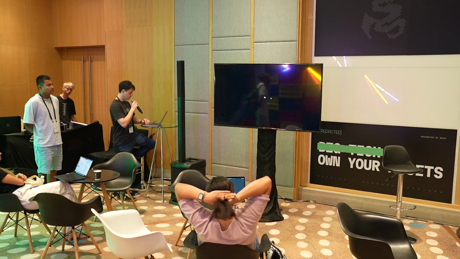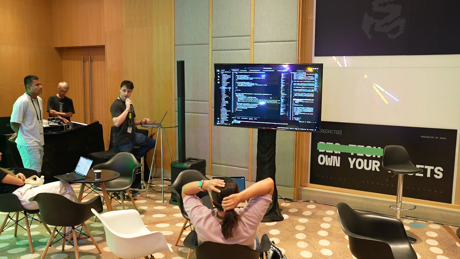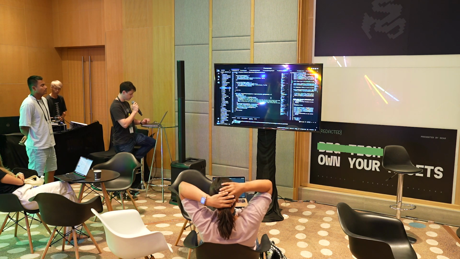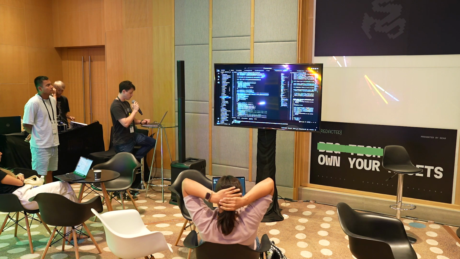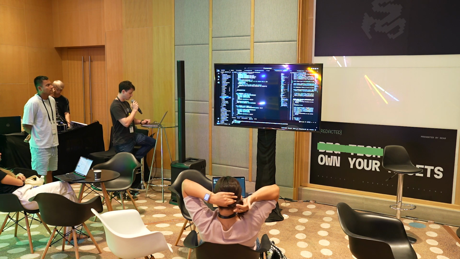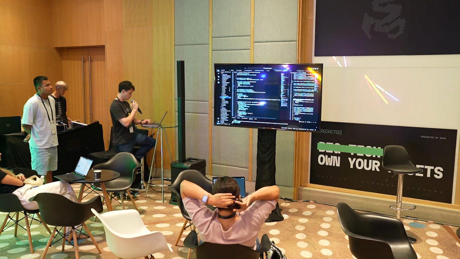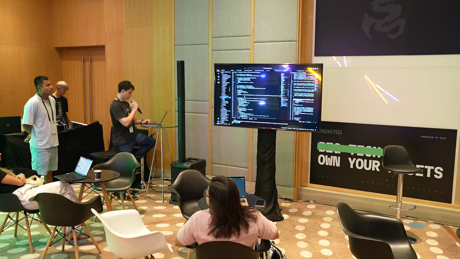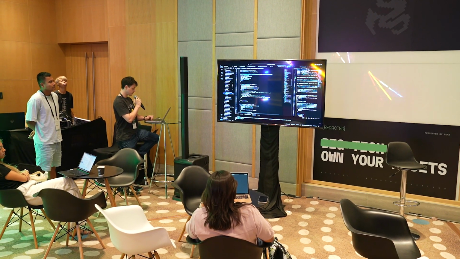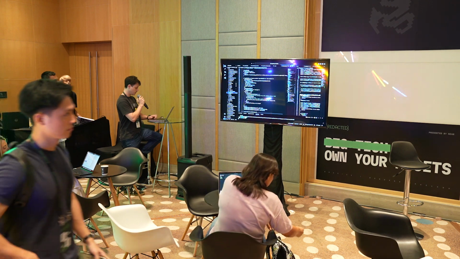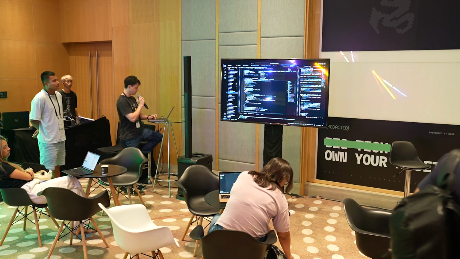And I'm just going to go through the code, the lifecycle of the transaction. So this is a normal React form. This calls the get and broadcast signature.